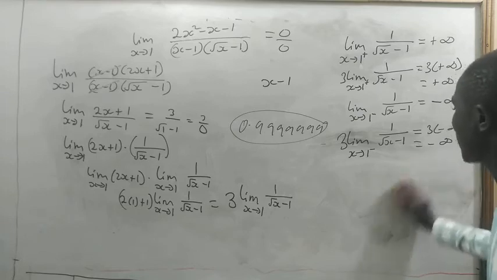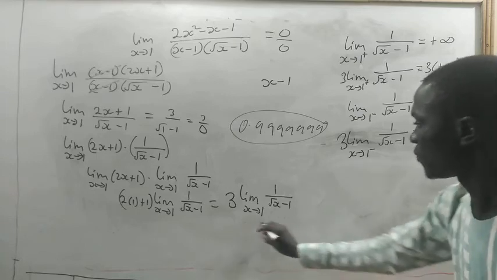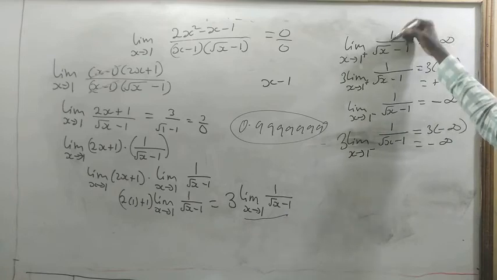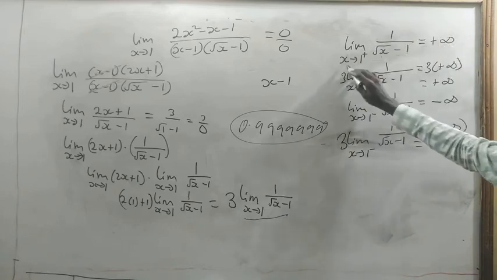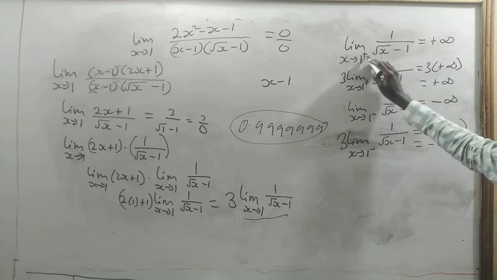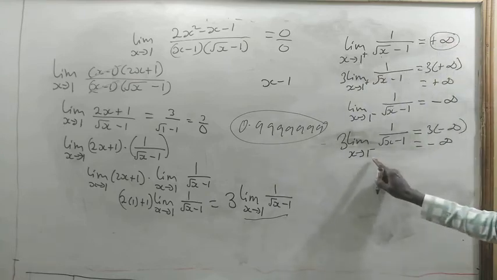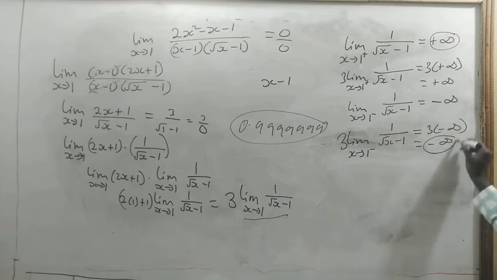So here, if we take the one-sided limit of this, the limit of 1 divided by square root of x minus 1 as x approaches positive 1 from the right is positive infinity, and as x approaches it from the left is negative infinity.